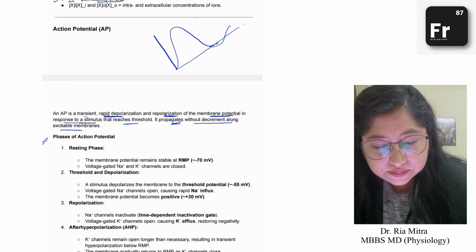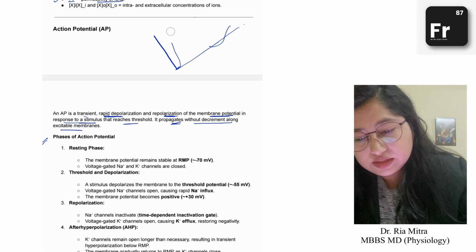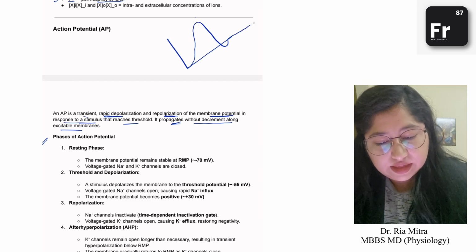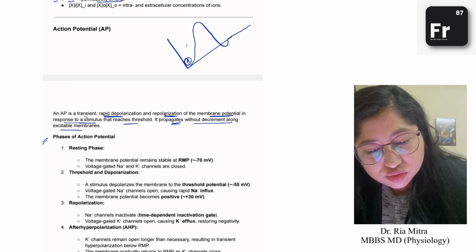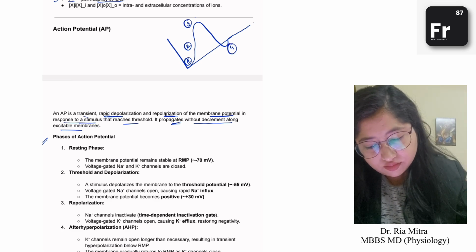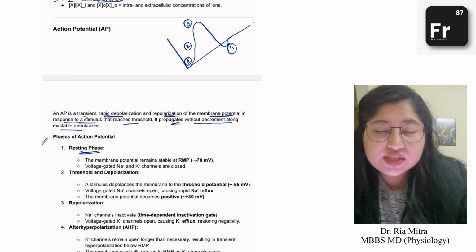Now, let me draw it properly. I'll mark this as phase 1, phase 2, phase 3 and phase 4, right? This phase 1 here is the resting phase. What is the resting phase?